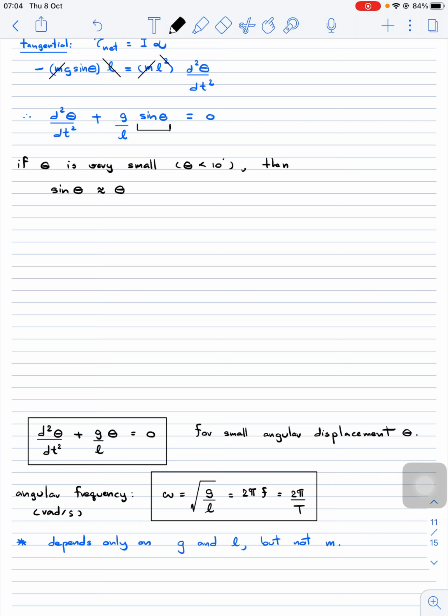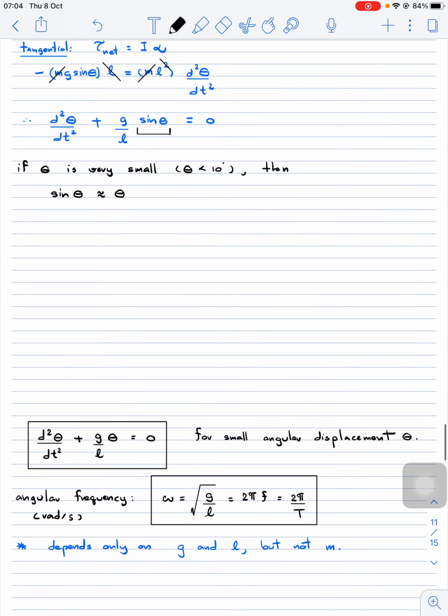So how? Let's try plugging the number into this and see. Let's try theta equal to 1 degree. For theta equal to 1 degree, we need to change to radians, so we multiply with pi radian over 180 degrees.